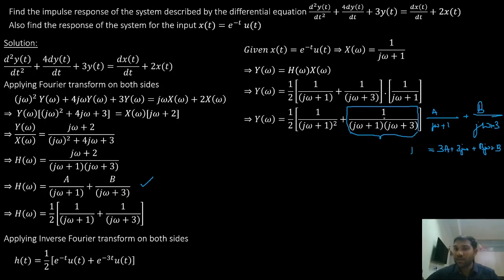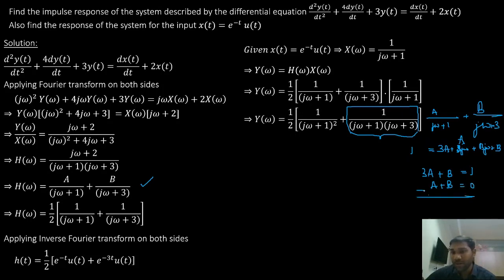There's only 1, so I'll take the constants. The constants: 3a plus b is equal to 1. The coefficients of j omega: there's an a here, not 3, so a plus b is equal to 0.